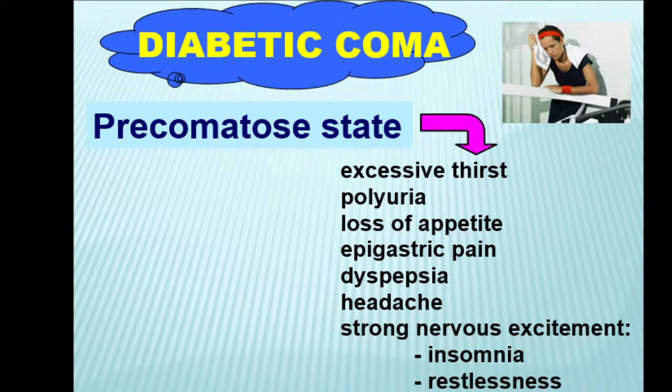The patient becomes restless, complains of disordered sleep, and sometimes may be predisposed to convulsion because of disordered microelement level and activity of the peripheral nervous system.